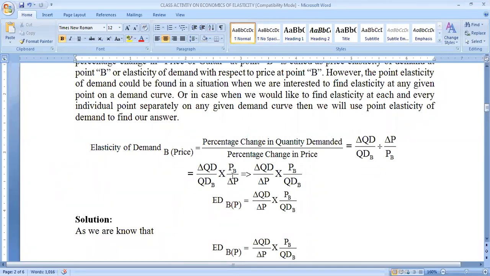The price B divided by delta P, it should be written as, and the entire fraction can be converted to delta QD over delta P multiplied by price at point B over quantity demanded at point B. Okay, then elasticity of demand at point B with respect to price can be written as, let me highlight this formula. The simplified formula is delta QD over delta P multiplied by price at point B divided by quantity demanded at point B.